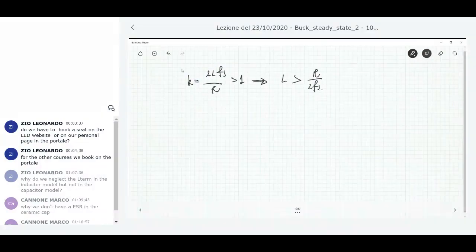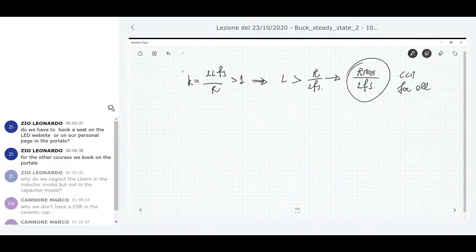So in this case, if you take R maximum over 2 f_s, you are sure that you're working in CCM for all duty cycles.